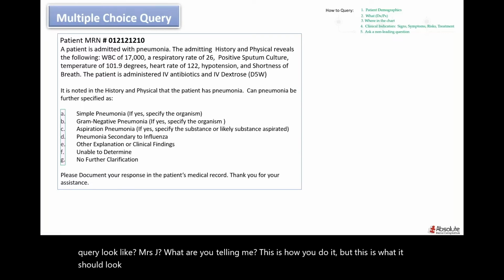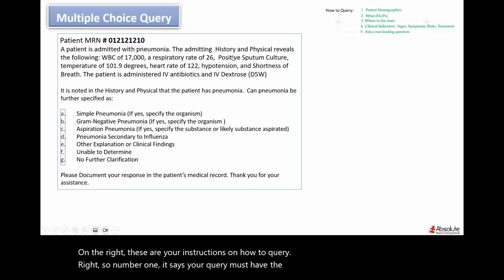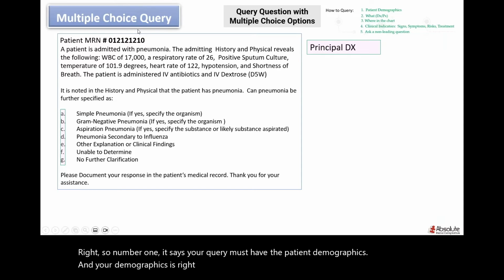All right. This is a multiple choice query. On the right, these are your instructions on how to query. So number one, it says your query must have the patient demographics. And your demographics is right here. Number two, what are we querying?